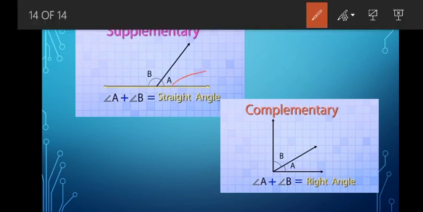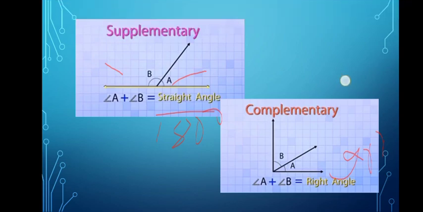Angle A plus angle B is equal to a straight angle, or 180 degrees. Dito naman sa complementary, the sum is equal to 90 degrees, the value of a right angle. So that is complementary and supplementary angles. That's all for my report.